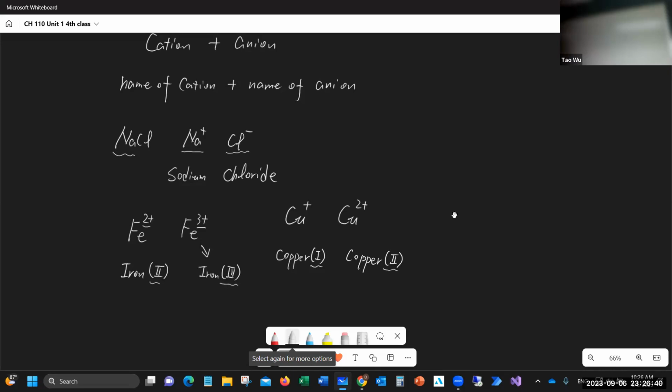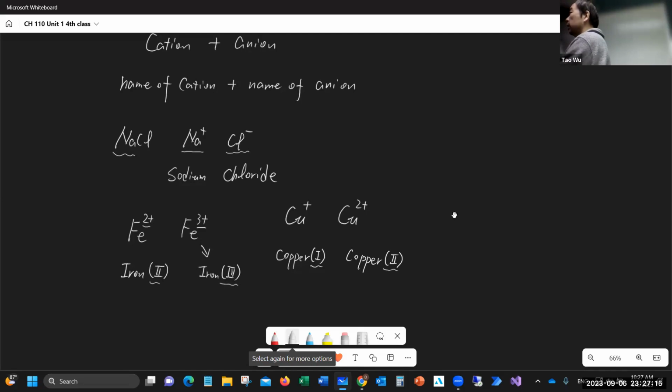If you're looking at the second page of this common ion sheet, you will see the periodic table, and on the top of the periodic table, some of the ions are already specified.